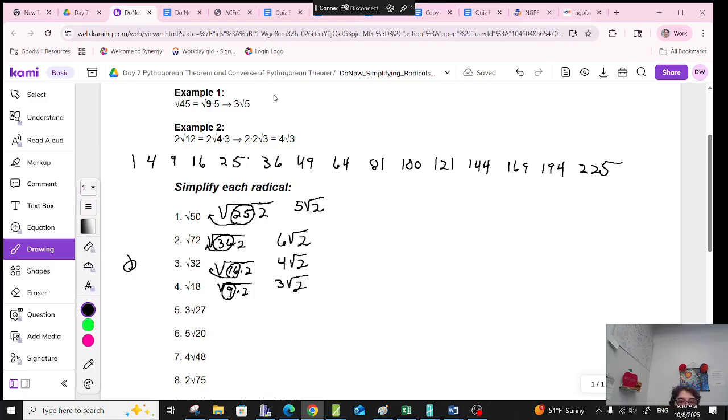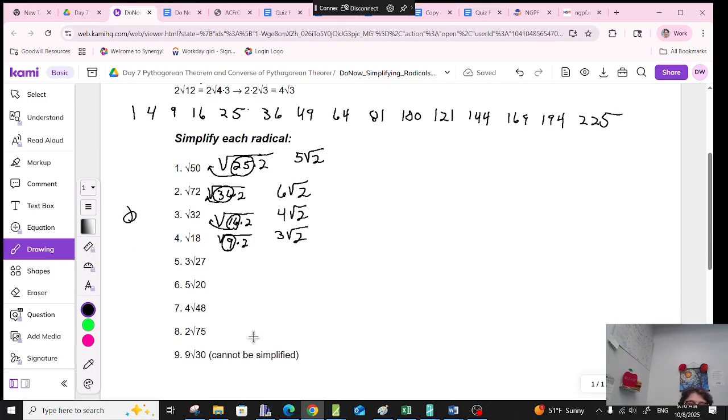Now I have some numbers out in front. When you have numbers out in front, you have to multiply whatever you pull out by that first number. So let's look at 27. What is the largest perfect square that goes into 27? 9.